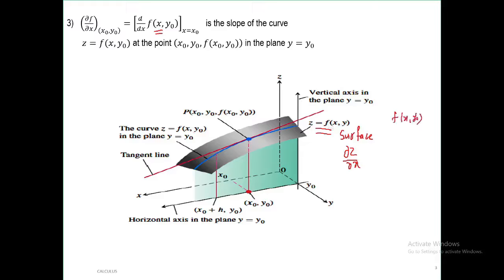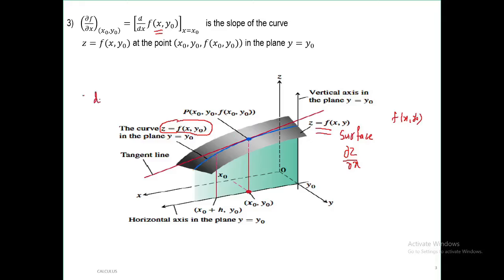The curve z is equal to f of x comma y naught. And which one is this? This blue one is a curve in this surface, particularly at the point where y is equal to y naught. And for this curve, if I take the derivative, that means dz by dx.